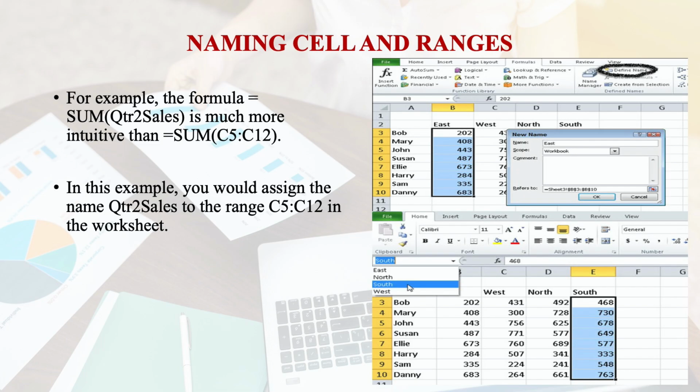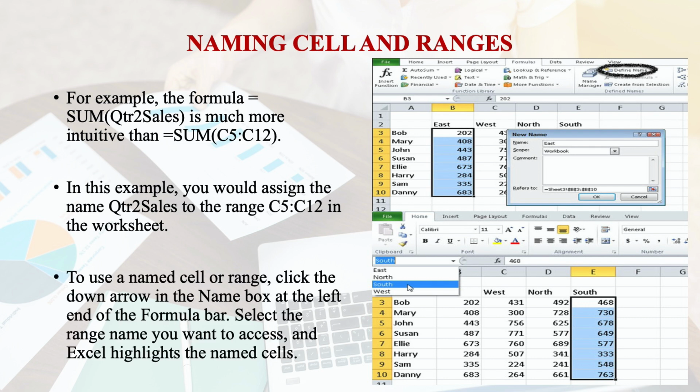Then the readability of the formula will improve if I name the range C5 to C12 as Q2 sales. By naming the range or a particular cell, it is easier to understand what the formula is all about. So naming cells and ranges is very useful in developing worksheets.